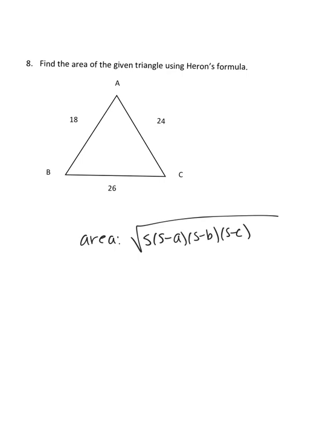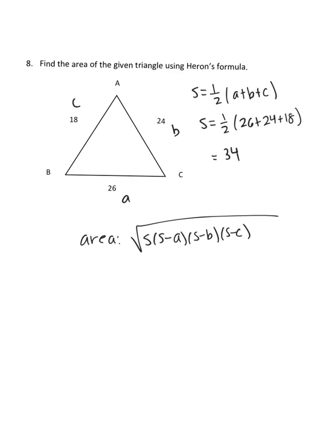And you have to find S in order to use the formula. I'm going to label the sides real quick. I keep forgetting to do that. So S is half the sum of the 3 sides. So I'm going to take half of 26 plus 24 plus 18 and type that in your calculator.